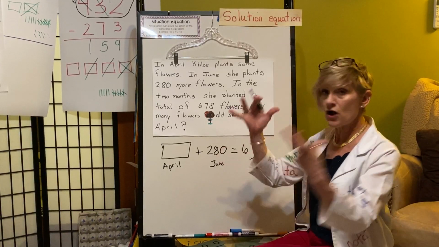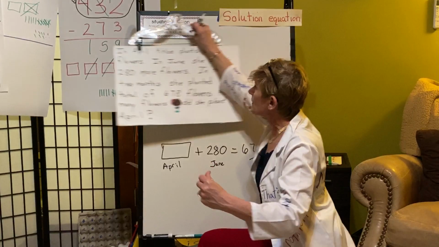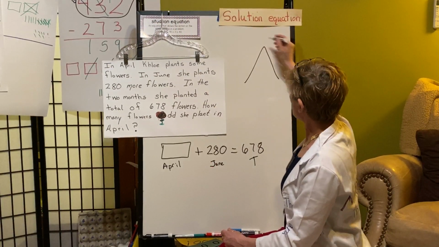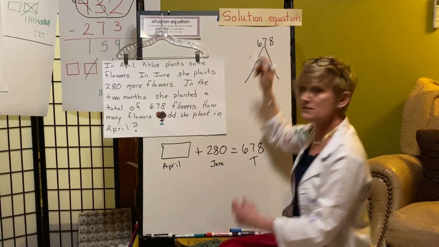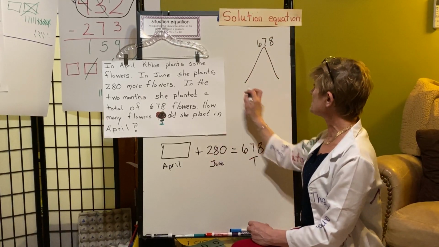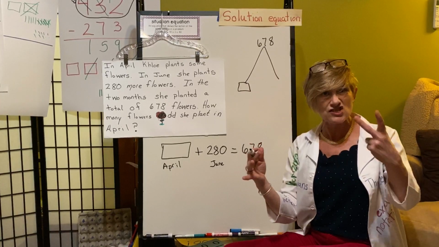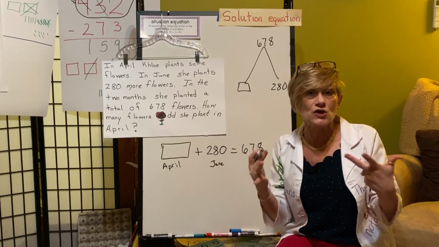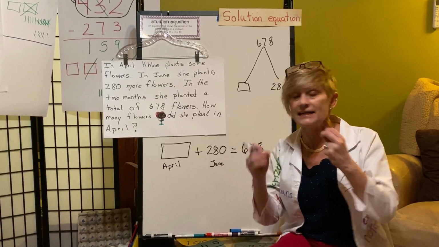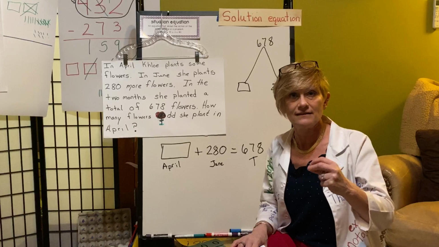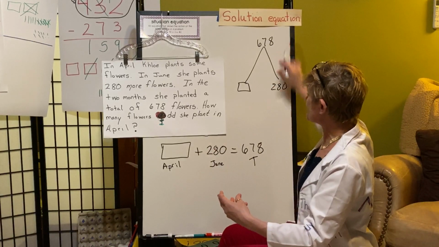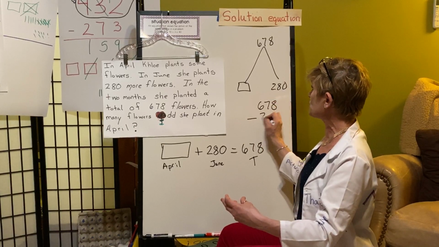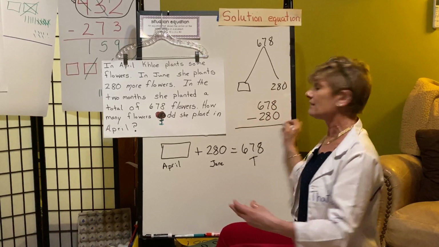Friends, if I would put it on a math mountain, because sometimes that helps me with my solution, some boys and girls would right away go 678 is the mountaintop. I know that there is an unknown add-in that she started with, and now she's got 280. I can solve this in different ways. I can get this answer. If you're saying that you might subtract 678 and you might subtract that 280 from it, that's great.